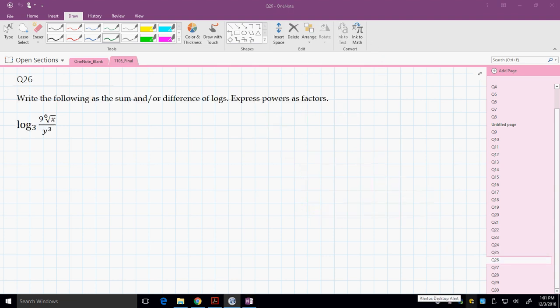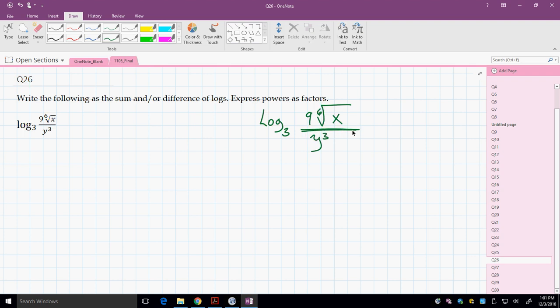Write the following as the sum and or difference of logs. Express powers of factors. So I have log base 3 of 9 times the square root of 6x, all over y to the third power.